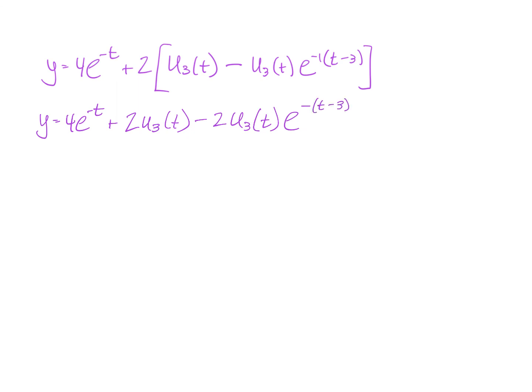Okay, so now I'm going to factor out a 2u3 of t. So I have 1 minus e to the negative t minus 3.